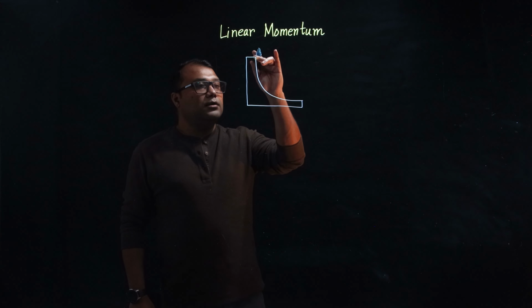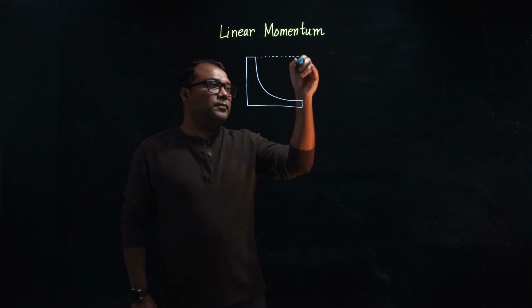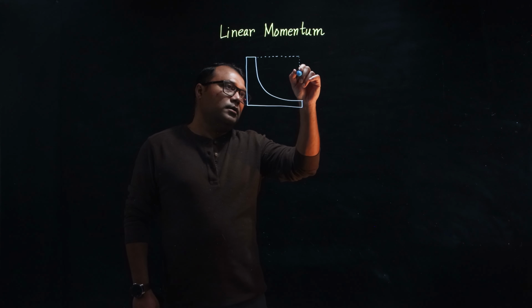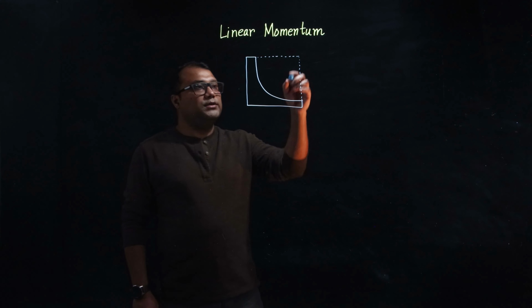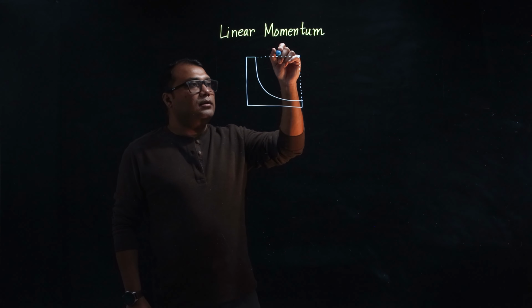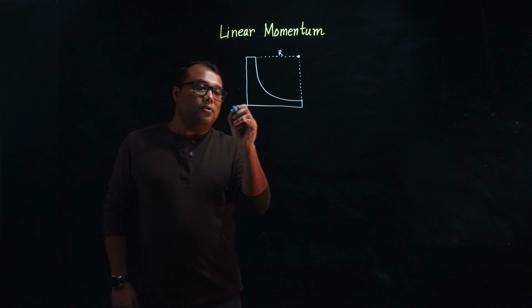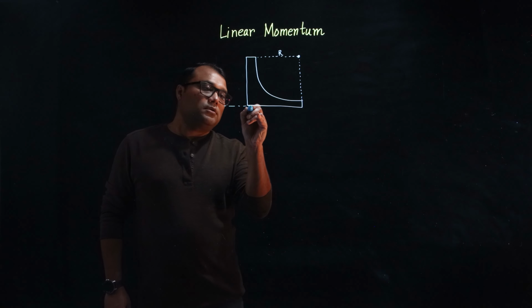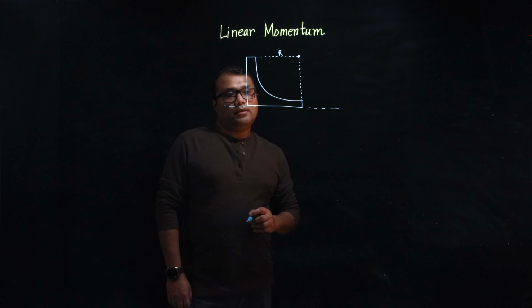This is a block. This is only a quarter of a circle. And this quarter circle's radius, let's say, is r. This block sits on a frictionless surface.